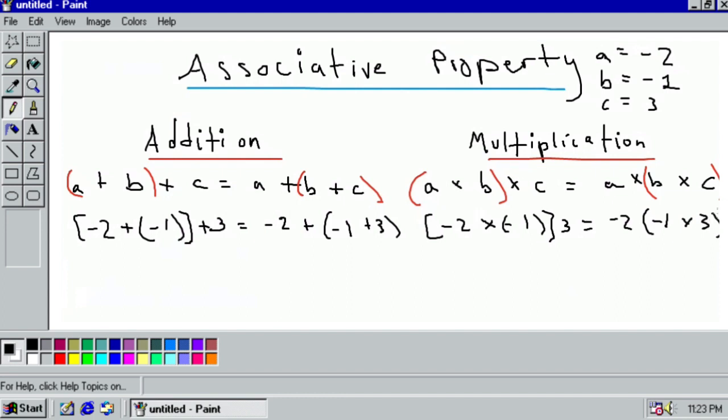Okay, so we have that. Let's solve. -2 plus -1 is -2 minus 1, which is equal to -3. Then -3 plus 3 is equal to 0.